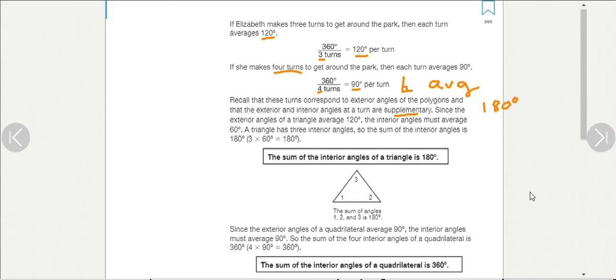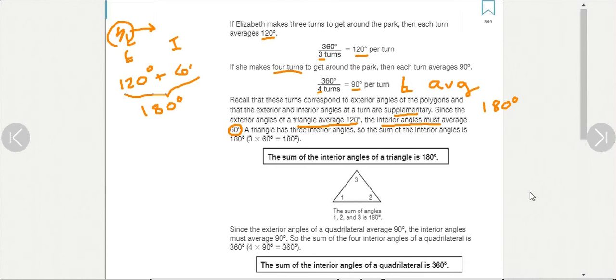Since the exterior angles of the triangle average 120 degrees, the interior angles must average 60 degrees, because if each one is on average 120, and they always need to total up to 180, then inside the interior has to average the extra part, 60 degrees.